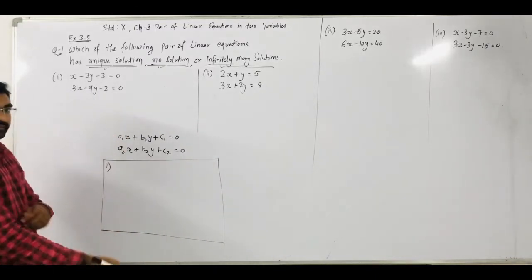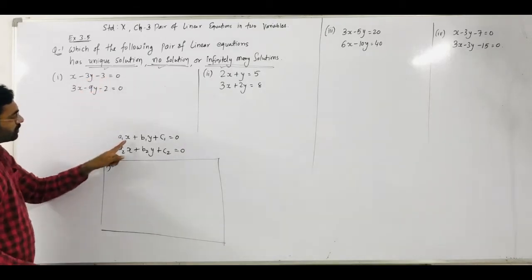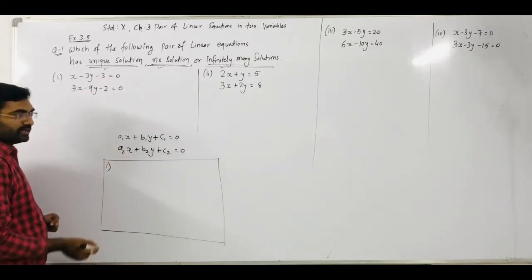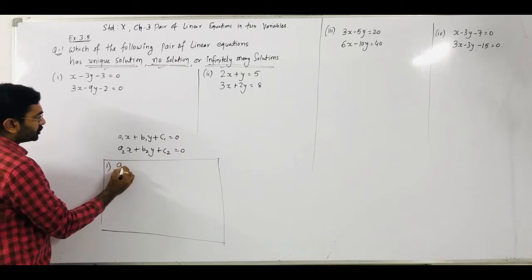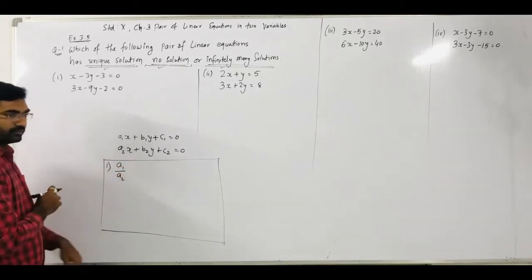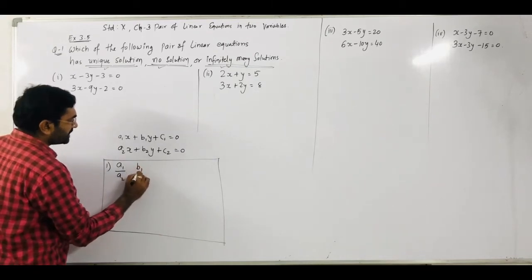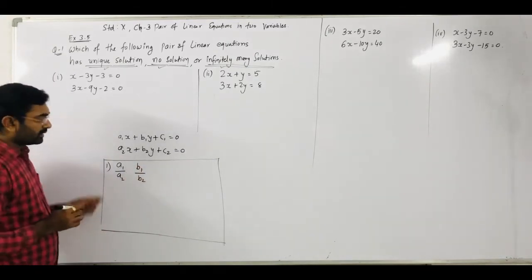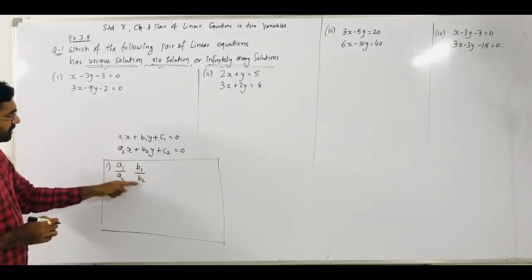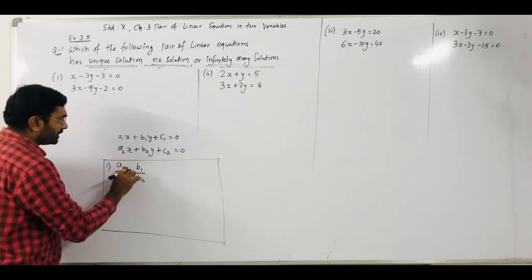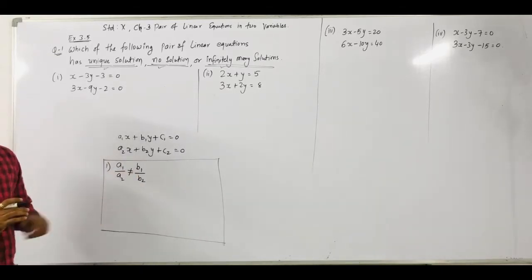Suppose in the first case, the ratio of the coefficients of x in both equations, a1 upon a2, and the ratio of the coefficients of y in both equations, b1 upon b2, are not equal.